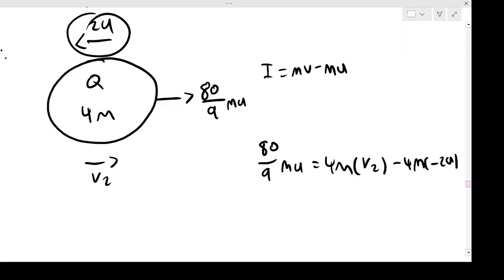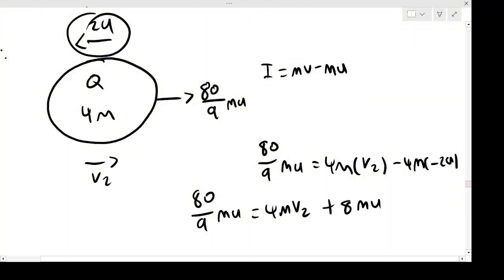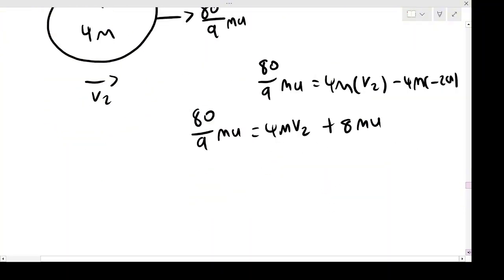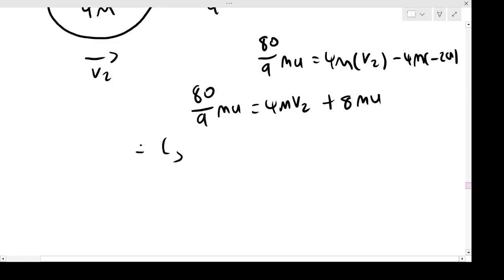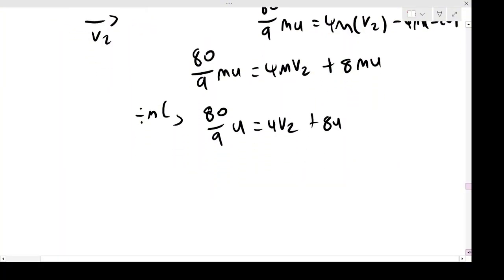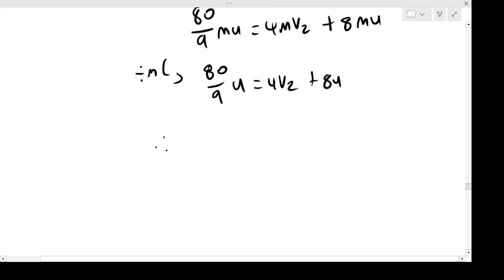Then if we simplify this, we get 80 over 9 mu is going to be 4mv2 add 8mu. Then we can get rid of the m's, and so we get 80 over 9 u is 4v2 add 8u, and we can rearrange for v2 here. So 80 over 9 u take away 8u is 4v2.